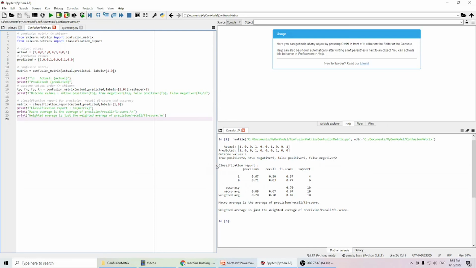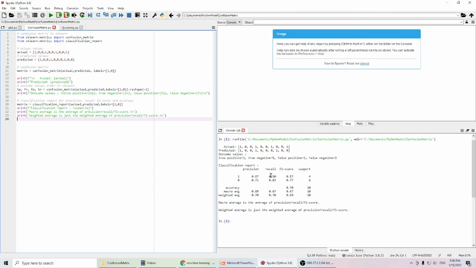And in this classification report, for 1, we have 4. That's the meaning of support. So 1, 2, 3, 4. And for 0, we have 6. And the precision you can calculate is 0.67.